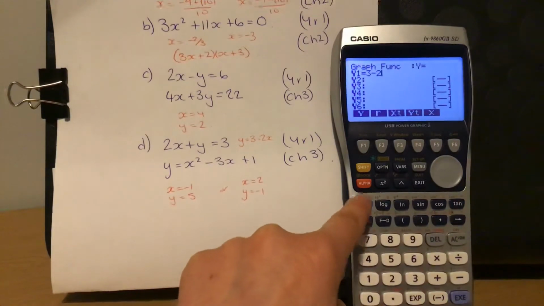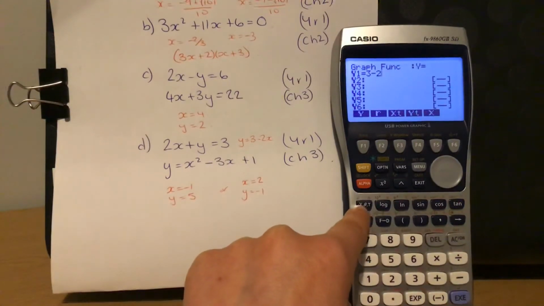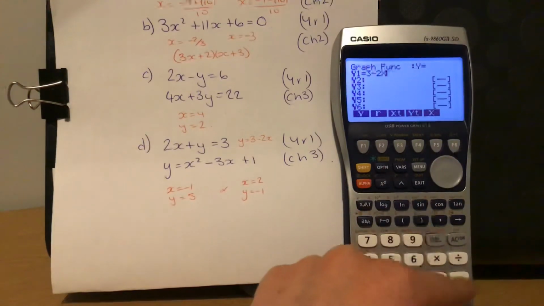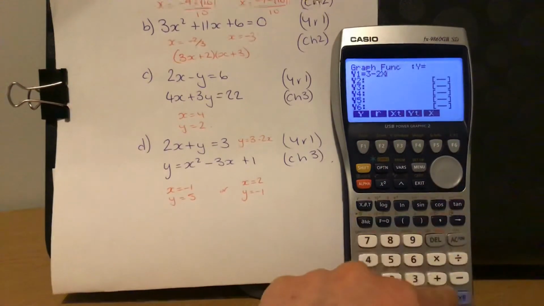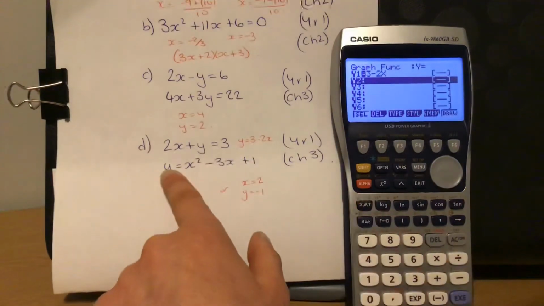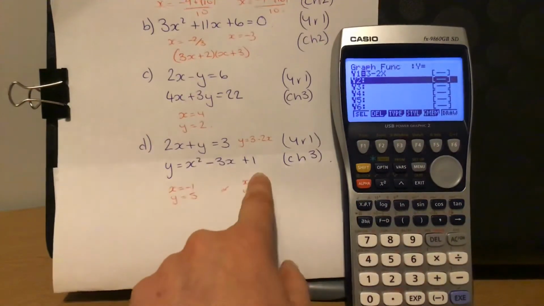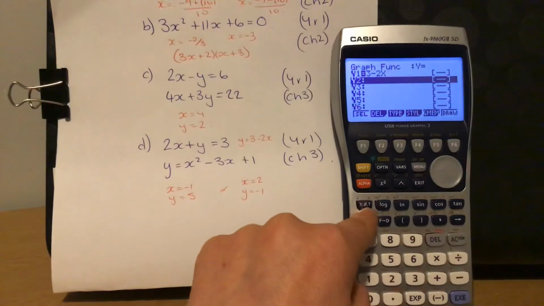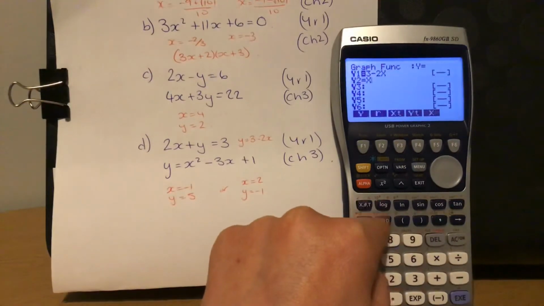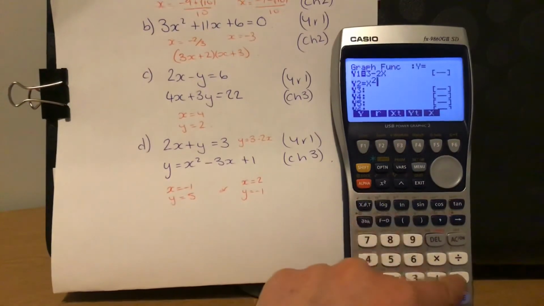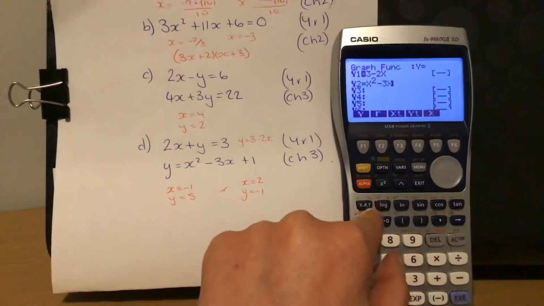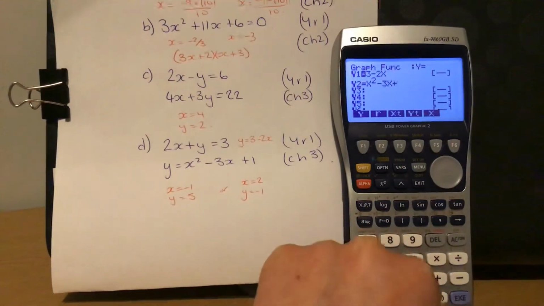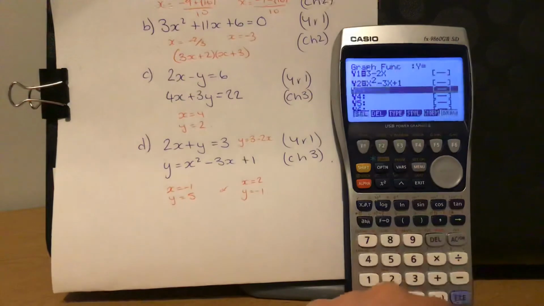For the variable x, make sure you use the x theta t button for the variable x. If you use alpha x, that won't work because it's the letter x rather than a variable. For my second one, y is x squared take away 3x add 1. So again, using variable x squared take away 3 variable x add 1 and execute again.